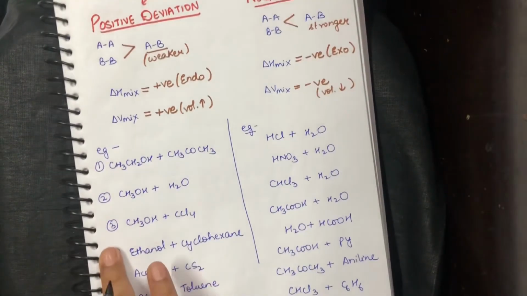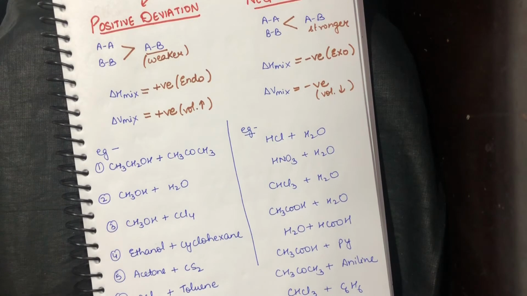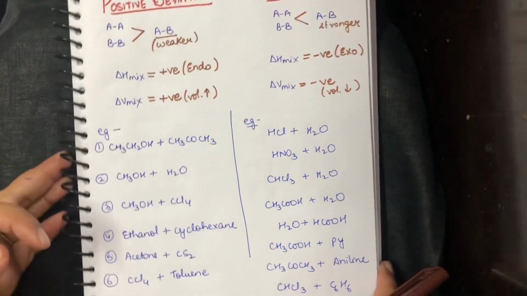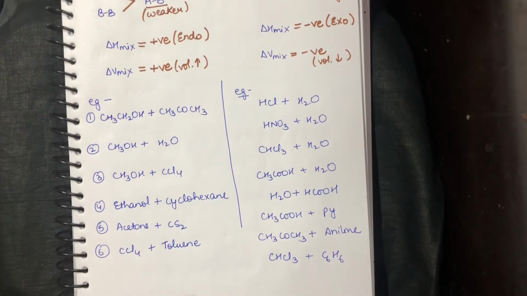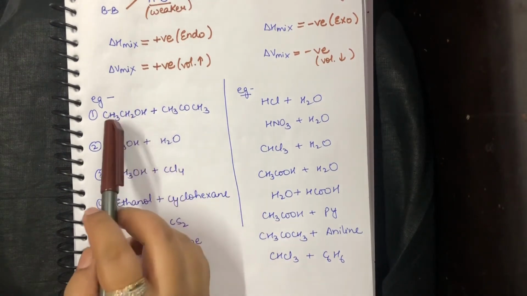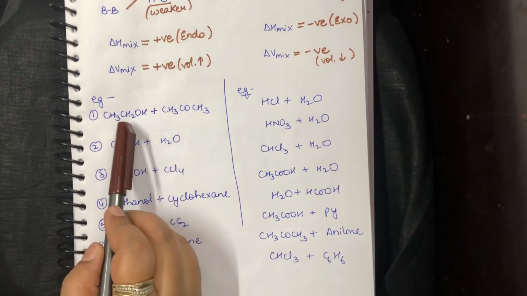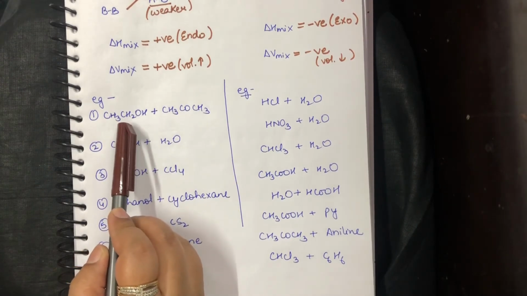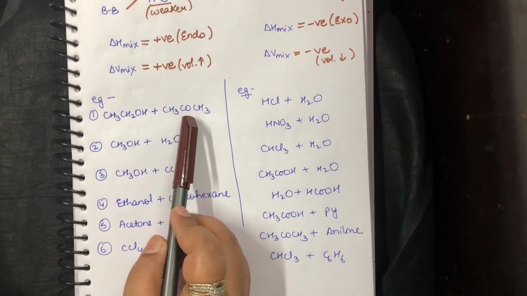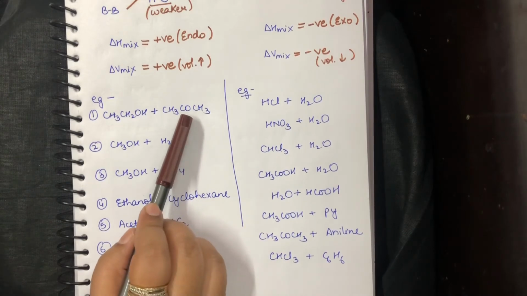Now there are a few examples written in the NCERT, and we often get confused about how to remember them. I will give you an easy trick. For example, if I have ethanol and acetone, I know ethanol has very strong hydrogen bonding. Similarly, acetone has strong bonding between its molecules.